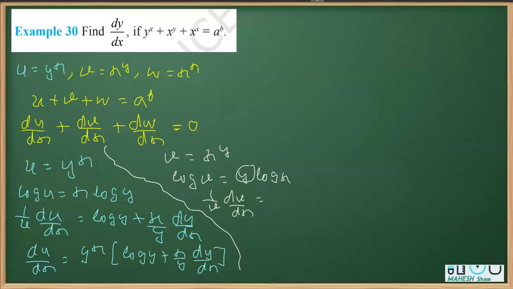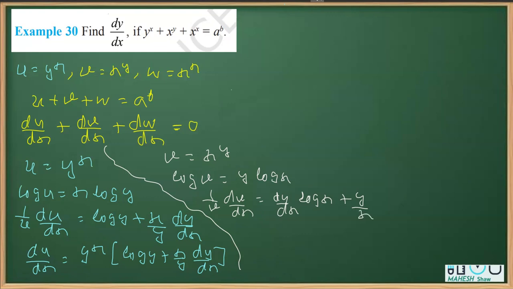Applying the product rule here, for differentiation of y it is dy by dx and log x, plus y times differentiation of log x, which is 1 by x. And for x it is 1, so we don't write it.